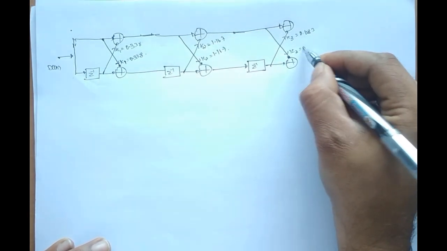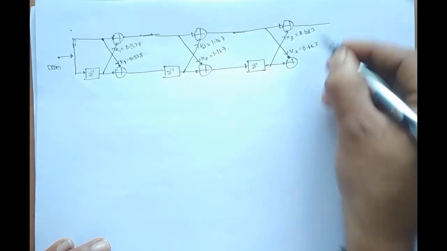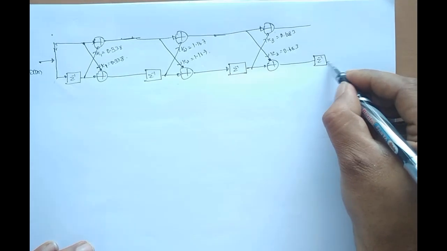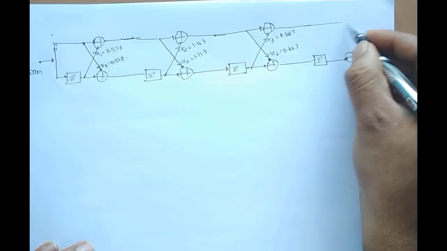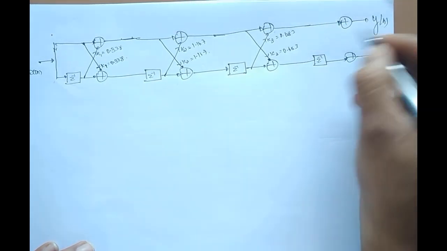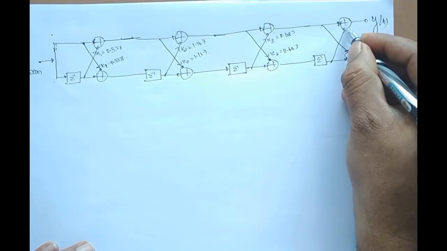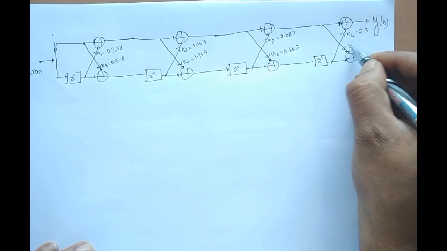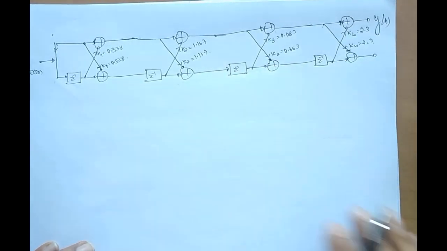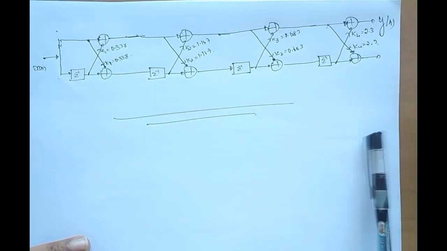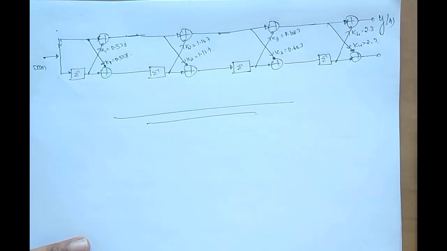Here also k3, which is equal to 0.683. Now the fourth structure, z power minus 1. So this is our output y of n, and this is k4. What is the value of k4? It is 2.3, and here it is k4, which is equal to 2.3. Okay, so this is the fourth order lattice structure realization.